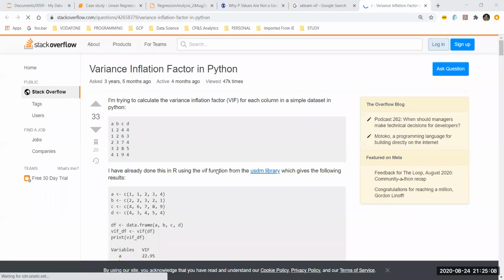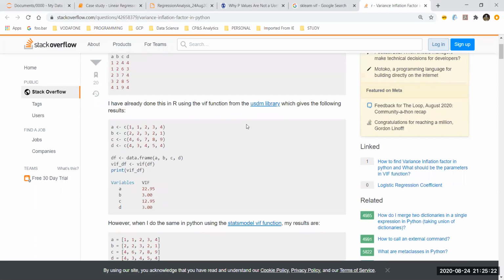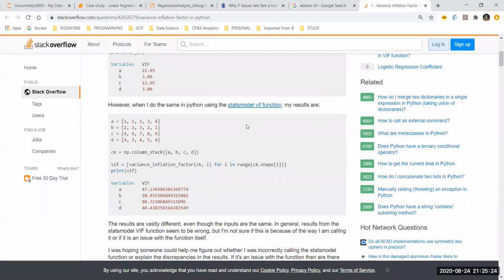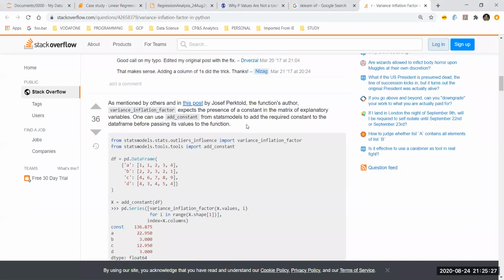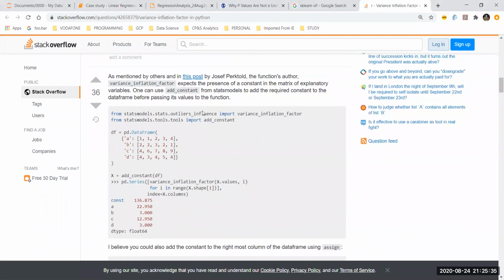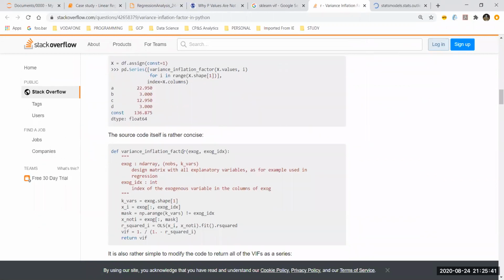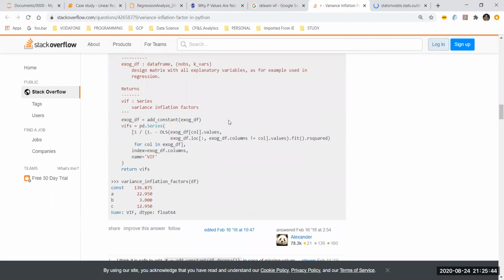Let me check. Yeah, statsmodels, outlier influence, variance inflation factor. We can refer to this post and try to find out what the variance inflation factor is.